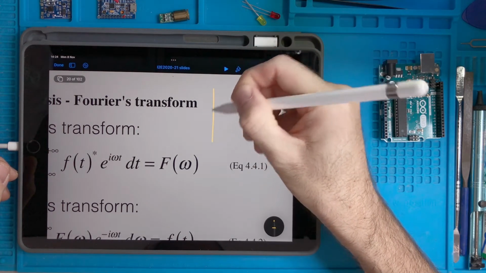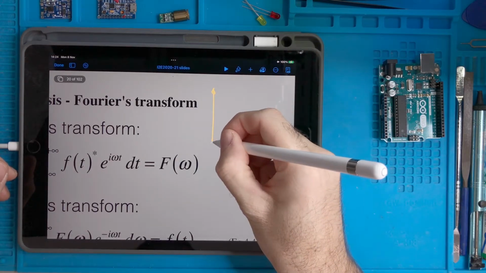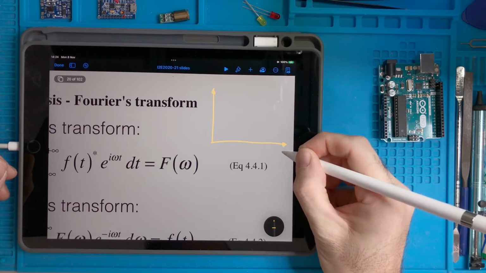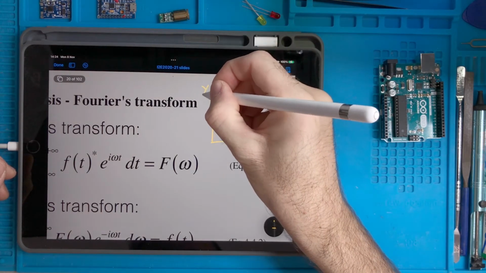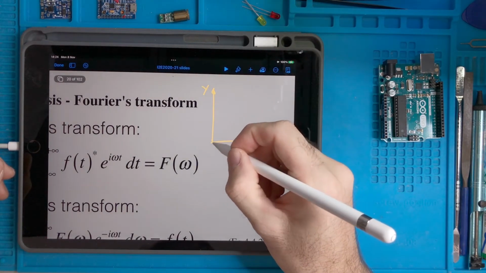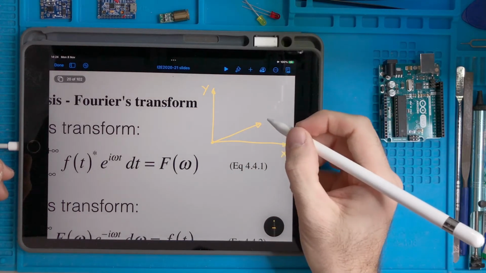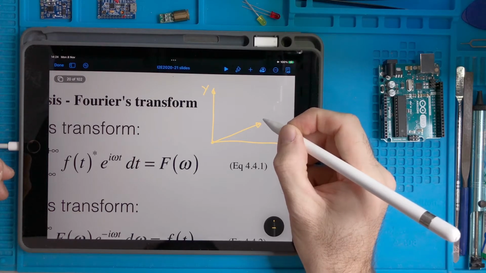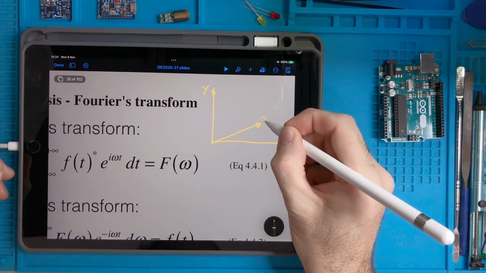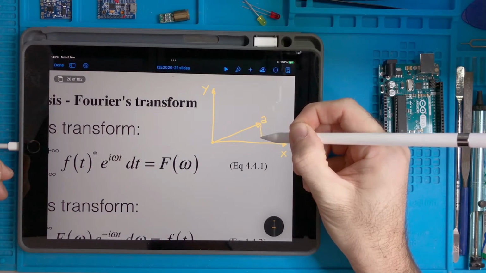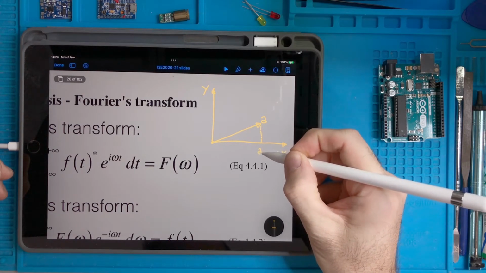We have spoken about a simple two-dimensional example, x and y. Here we said, okay, let's consider a vector. I can call it A. Then we consider the projections, AX.